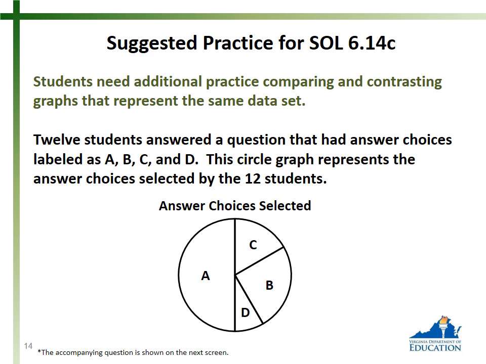So here for this question, 12 students answered a question that had answer choices labeled as A, B, C, and D. This circle graph represents choices selected by 12 students. And so if we're going to label these in order, we have letter A is the biggest piece, B is the second biggest, C is the third biggest, and D is the 4th biggest.